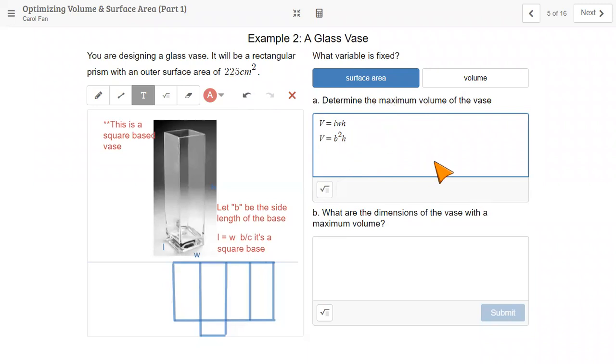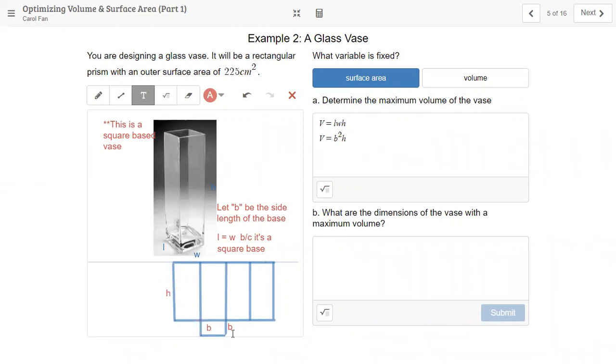And since that's given as a constraint, I'm going to write my surface area equation and then substitute this into my volume equation, the same way that we did when we were doing this in 2-dimension. So I'm going to put this in here.